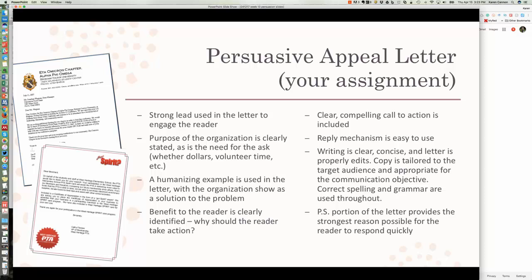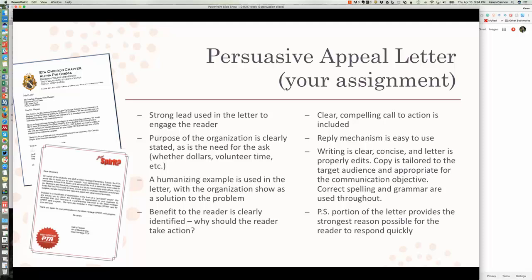Okay? Make sure your writing is clear and that you properly edit your copy, and that you are specifically writing to the target audience. Again, on the assignment sheet itself, you do need to complete the strategic message planner. There's a description there of the objectives, the strategy, the tactics, and so forth.